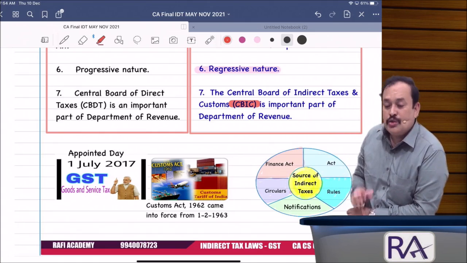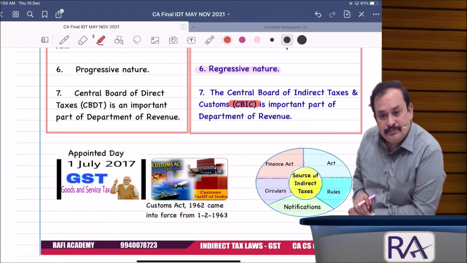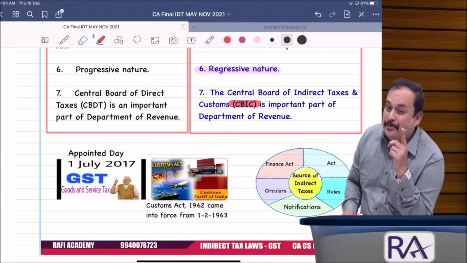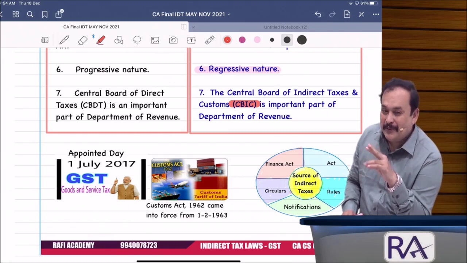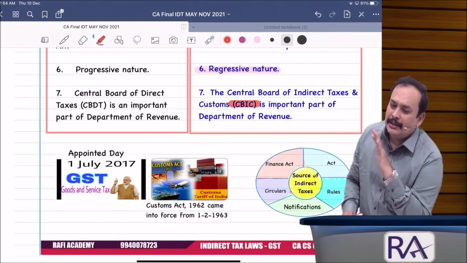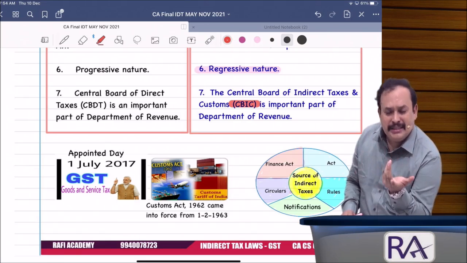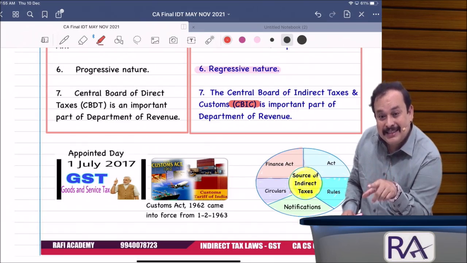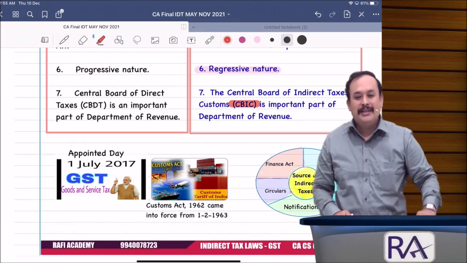It supervises GST, followed by customs also, but not FTP. Foreign trade policy is supervised by DGFT, Director General of Foreign Trade. Barring that, GST legislation, followed by customs legislation, is supervised by the CBIC. Got the clarity, my dear friends?